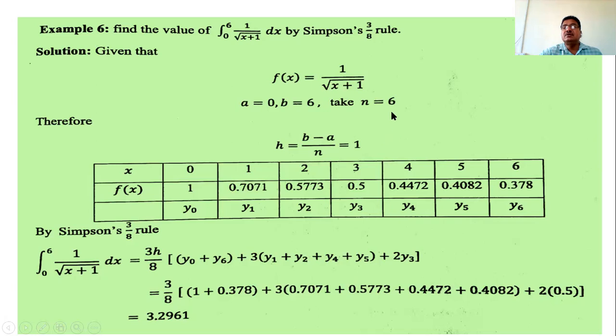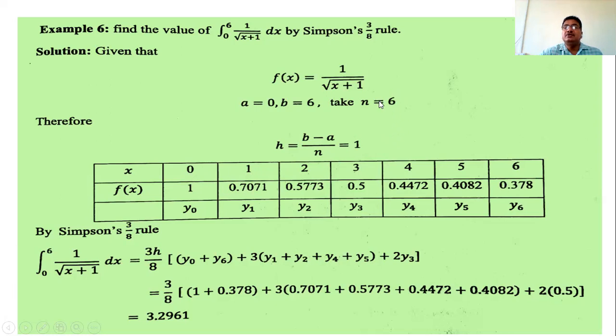That is, take n equal to 3 or 6 or 9. Don't take n very small or very large, because if you take n as 12 or 18, then the number of subintervals increases.